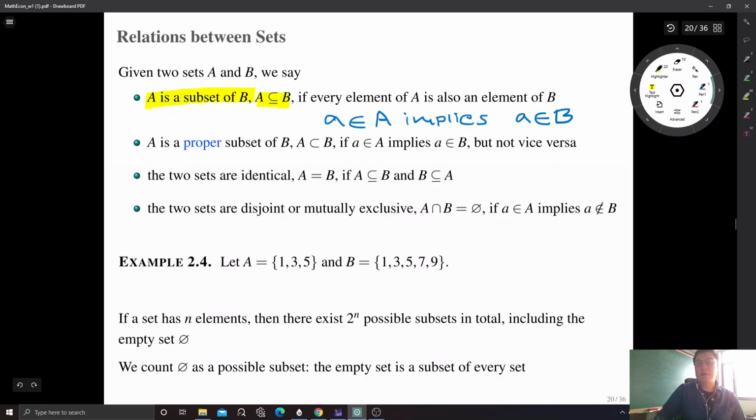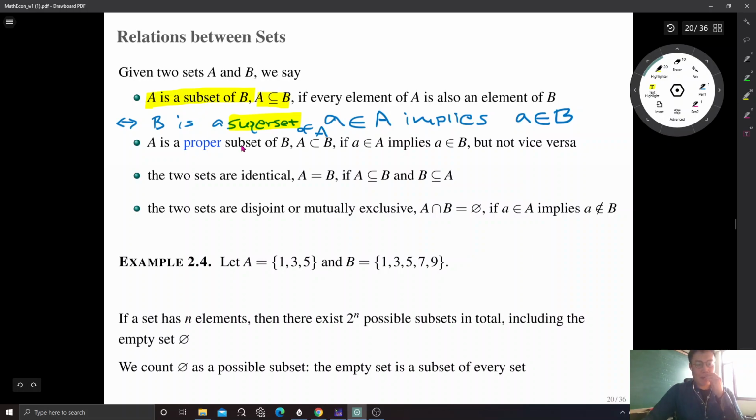So this is equivalent to saying set B is a superset of set A. Superset is the opposing notion to subset.